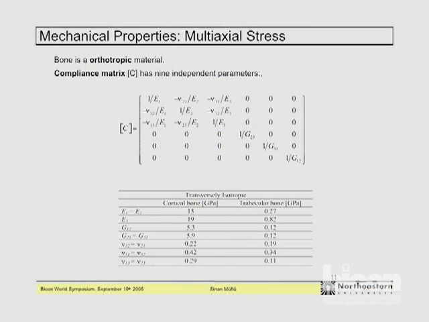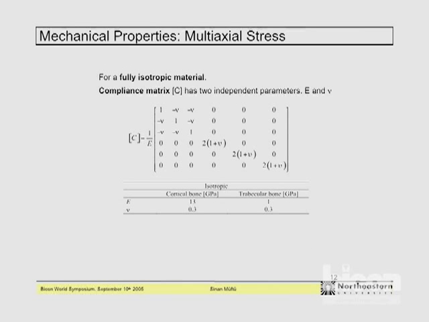In reality, bone is an orthotropic material, so we actually get 9 independent parameters to represent the stress-strain behavior. But often, as was done in our finite element analysis, the bone is assumed to be isotropic. In that case, we can get away with 2 independent parameters. For cortical bone, the elastic modulus is typically 13 gigapascals. For trabecular bone, it's 1 gigapascal. And the Poisson's ratio is 0.3.